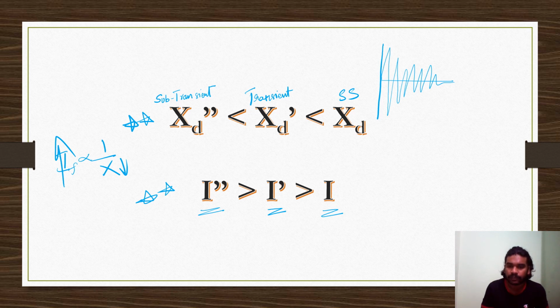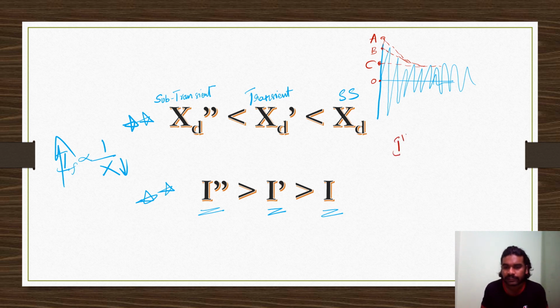When the current magnitude was decaying, there was a line which was extrapolated corresponding to the subtransient, intersecting the y-axis at A. When they were extrapolating the transient part, the curve was meeting at B, and the steady state part will be meeting the y-axis at say point C. From this graph also we can determine the values of I double dash and all these things.